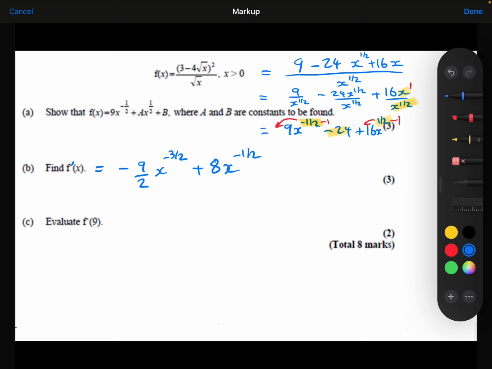Part C of the question is saying to evaluate, so find the value of f dash of 9. So I need to substitute 9 into my gradient function here. Right, so we could use our calculator for this, but I've not got mine to hand, so let's just work it out manually. We've got the 9 to the power of 1/2, which means the square root of 9 is going to be 3.